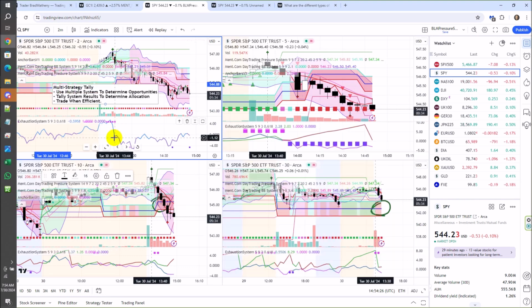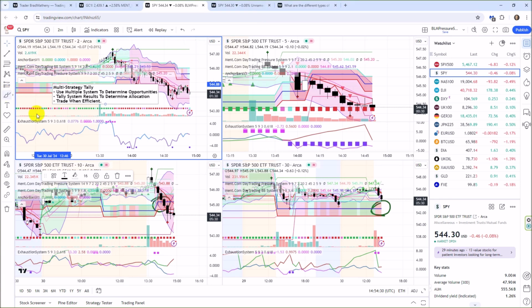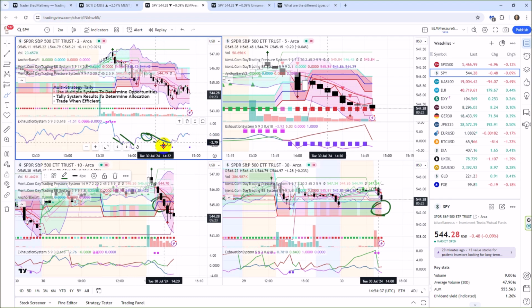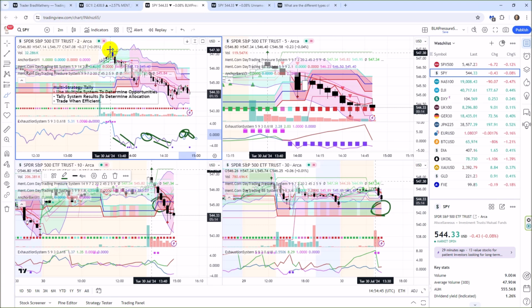Then we would come in here and look for triggers. Triggers would occur, as I mentioned, in any type of downward trending or through a reset leading into downward trending. Right now we just had a reset leading into potential downward trending if we get confirmation on this 2-minute.